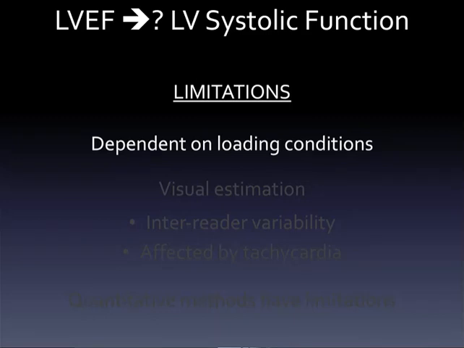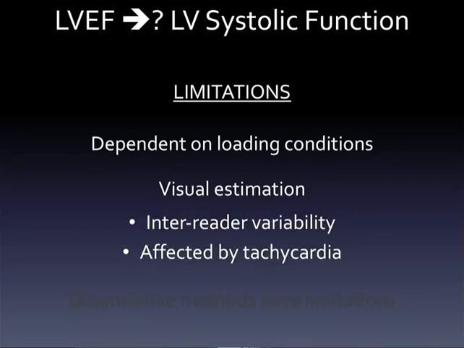It's also important to note how we look at LV ejection fraction. Even though we have quantitative methods where we trace out the end diastolic volumes and the end systolic volumes, this does have some limitations. Most of the time we're looking at visual assessment, and there is quite a bit of inter-reader variability. Because we're looking at endocardial excursion, how the endocardium is moving in systole and diastole, when the patient is tachycardic it becomes very difficult to discern, because it decreases your diastolic filling time.